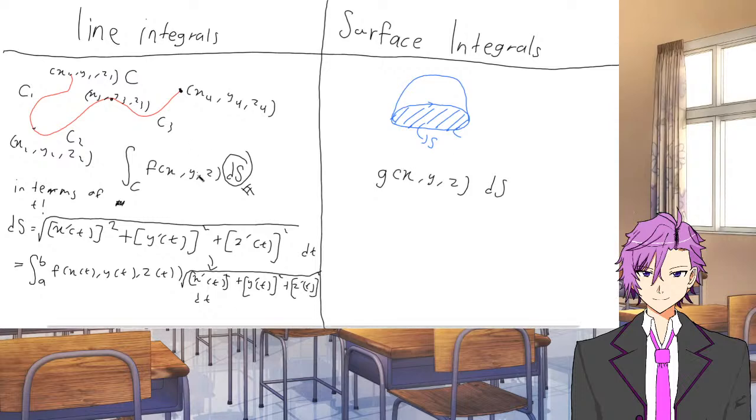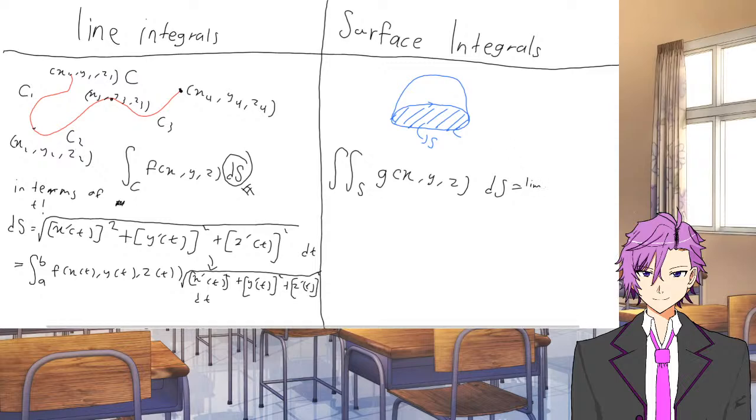But instead of the single integral from line integrals, for surface integrals we use a double integral, and instead of C we'll put S. So this would be the double integral over the surface S of g(x, y, z) ds.